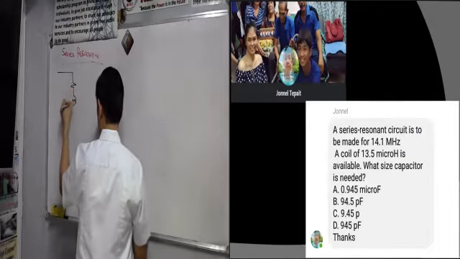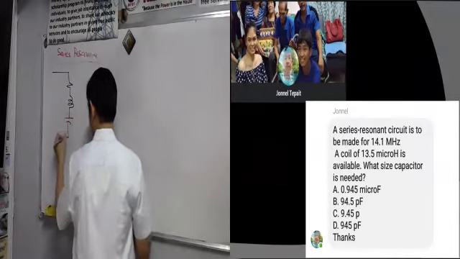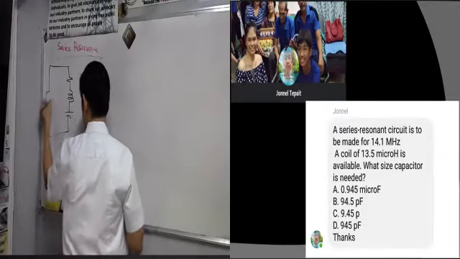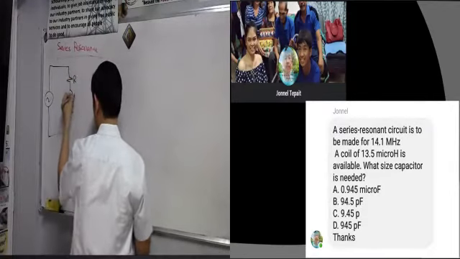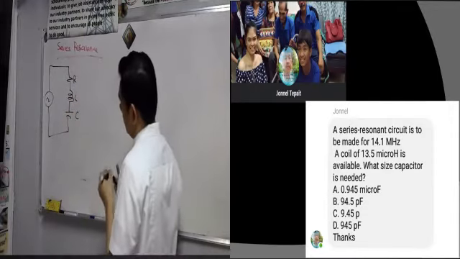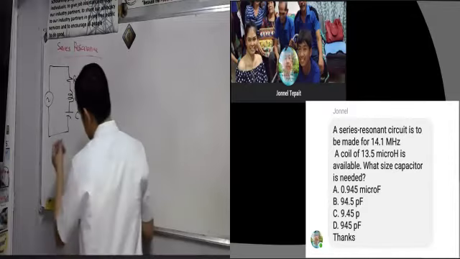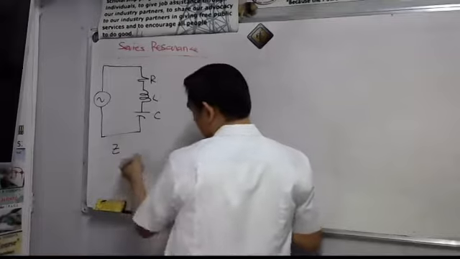For R, our L, and our C. Okay, so we have here our AC source. This is our R, L, and C. Okay, for series resonance, no? Let us get our impedance here. So what is our impedance?